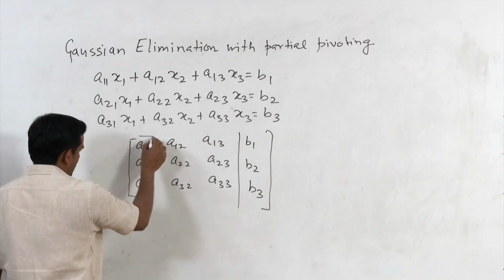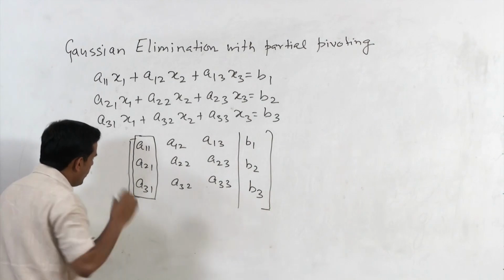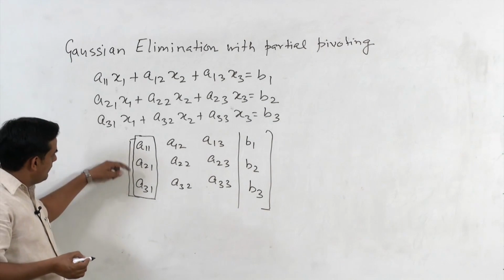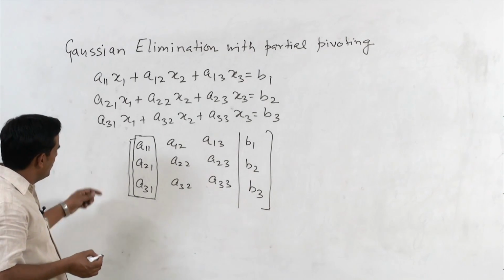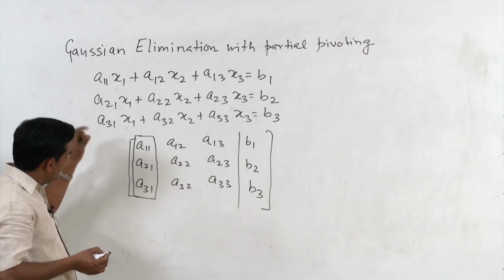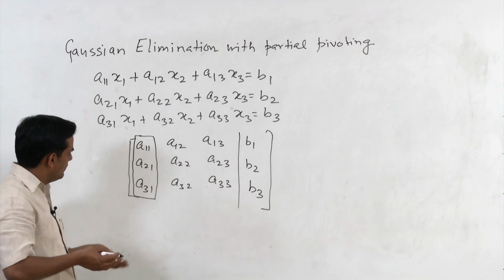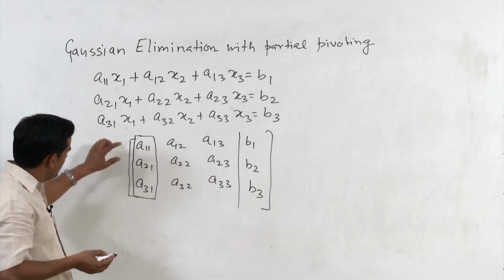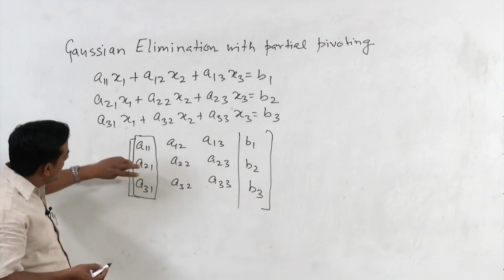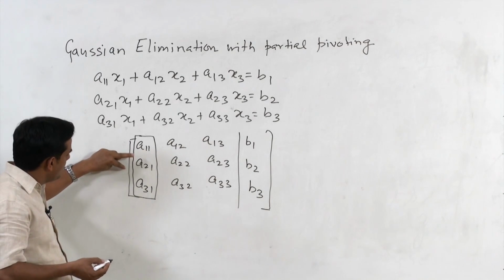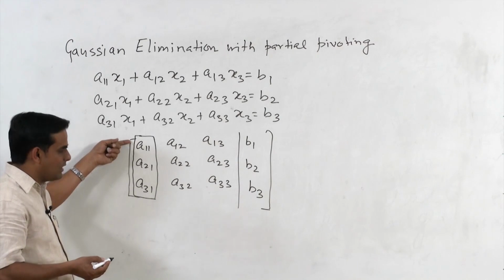So, I will look at these 3 elements in the first column and see which element has the maximum absolute value. If it is the element a11 I will not do any operation at this particular moment. If it is a21 I will interchange the first and second equation. If it is a31 I will interchange the third equation with the first equation.